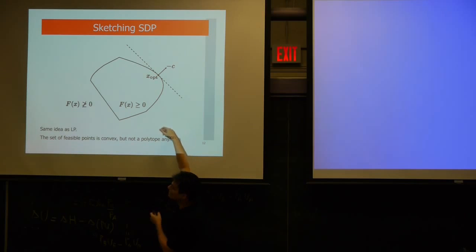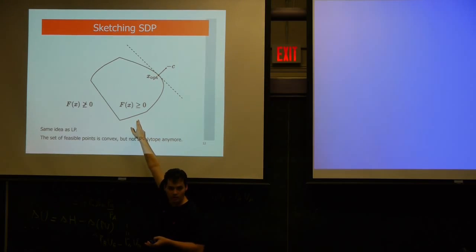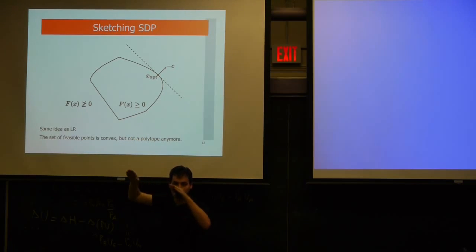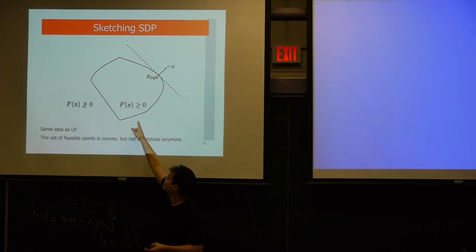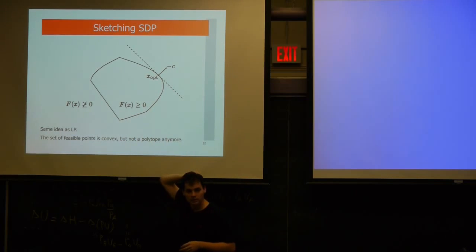But the difference here is that you remember that with linear programs, we had a polytope here, which is piecewise linear, right? But now it's piecewise something either linear or curved.